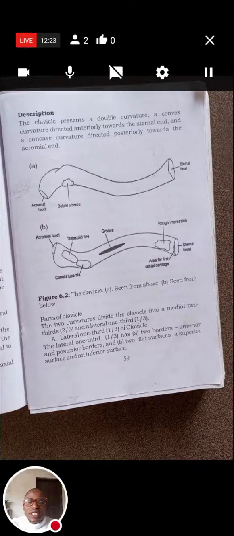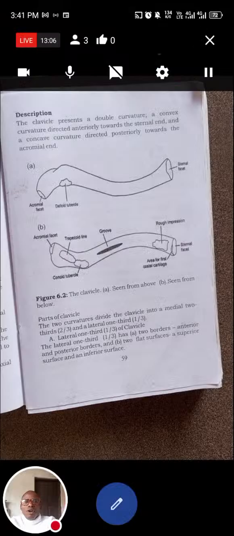So as we're introducing the bone called clavicle, what do we say? We say the clavicle presents a double curvature. This is shape now. Remember we said the clavicle is one of the two bones that form the pectoral girdle. It connects the upper limb with the axial skeleton, or with the thorax.